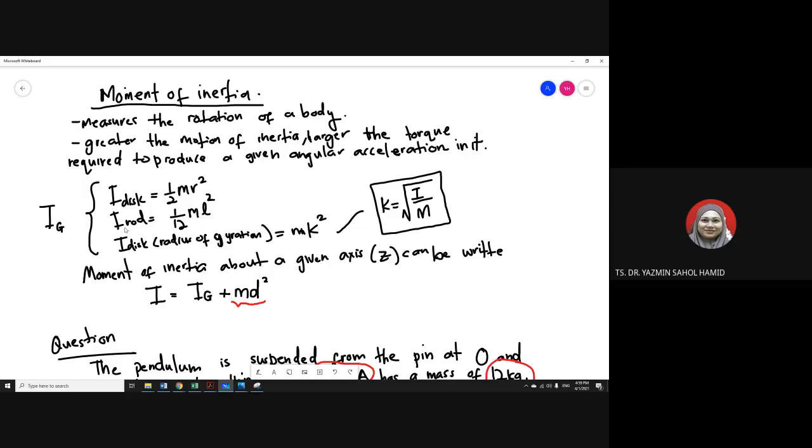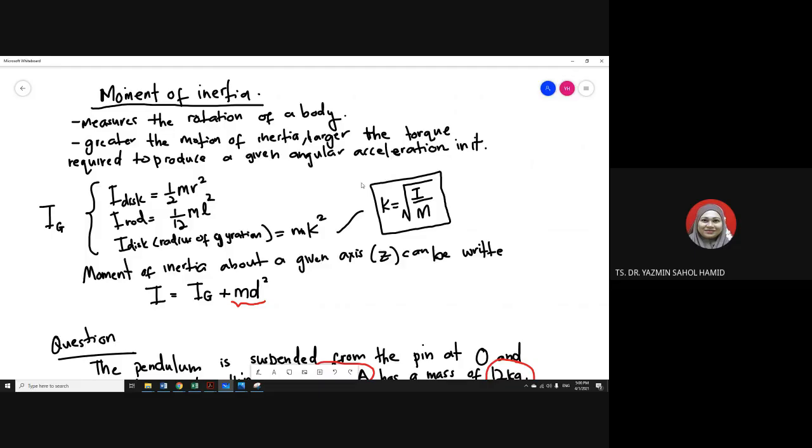Betul tak? I untuk rod adalah 1/12 ml squared. Tapi kalau dia bagi radius of gyration, dia akan jadi mk squared. So you kena alert dalam soalan tu. Kalau dia bagi I untuk ini, you must use mk squared.